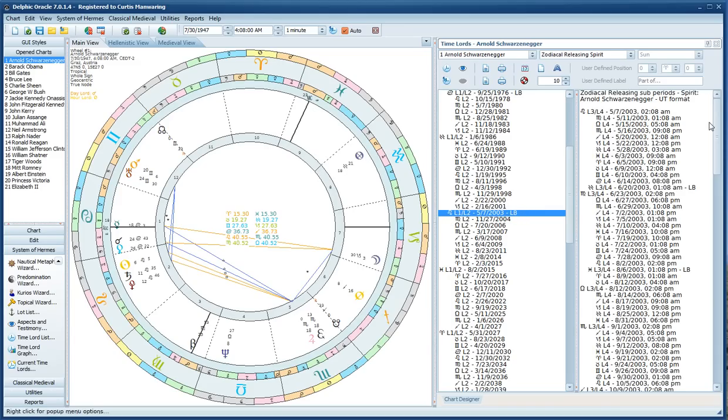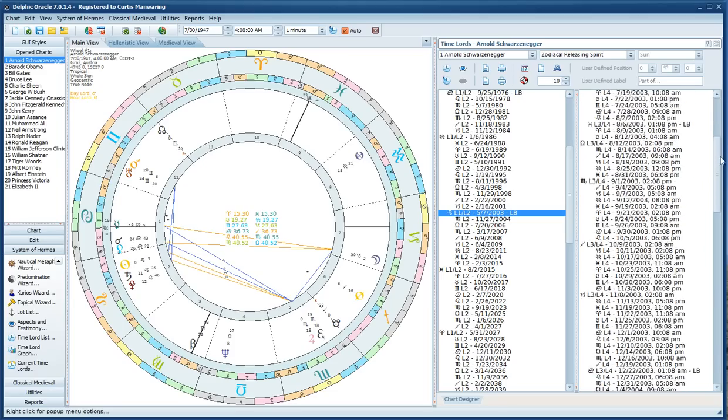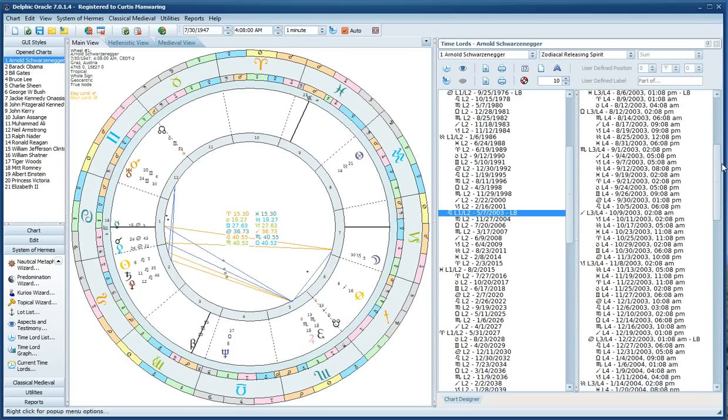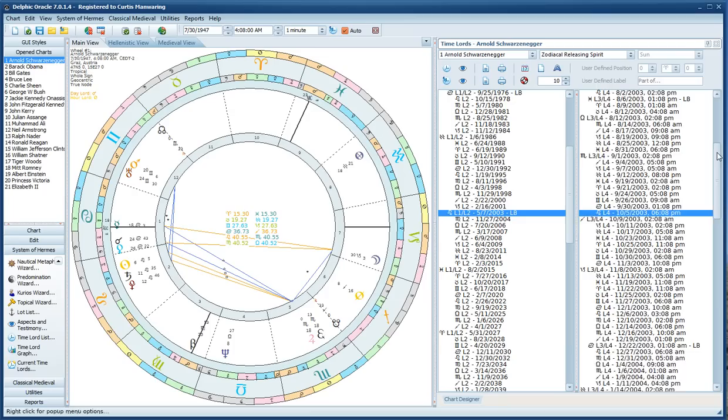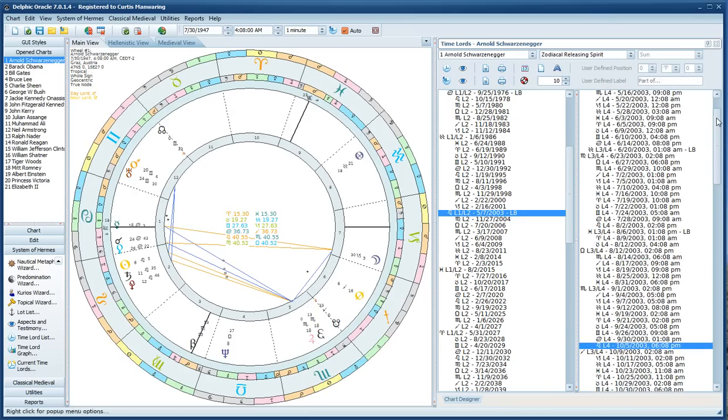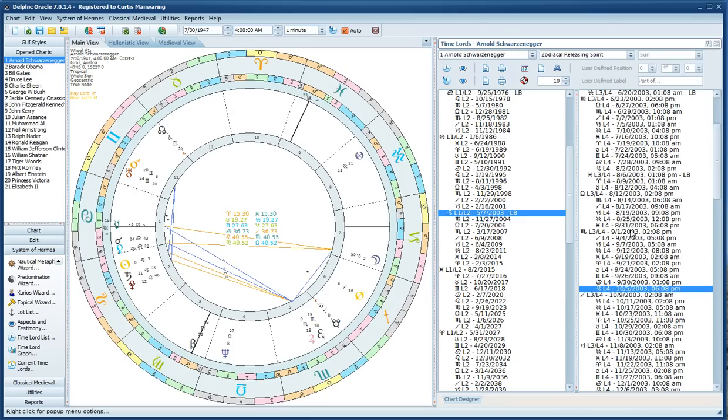Actually, in the sub-period, when you go down through here, it was the 7th of October that he got elected. And by the way, this was, again, 10th from fortune period, highly eminent period because it's Scorpio. Anytime you hit that Scorpio period, you're in the spotlight.